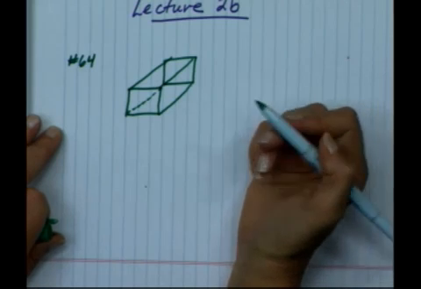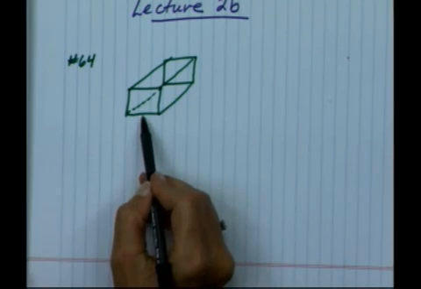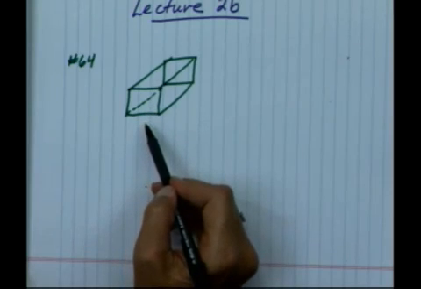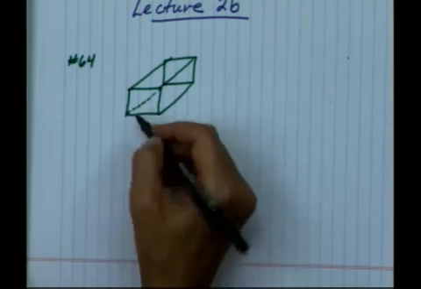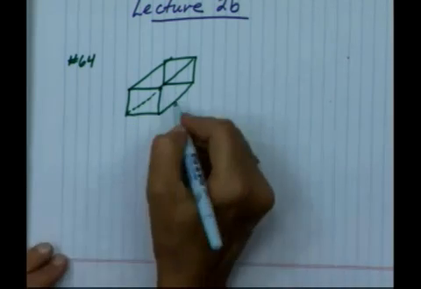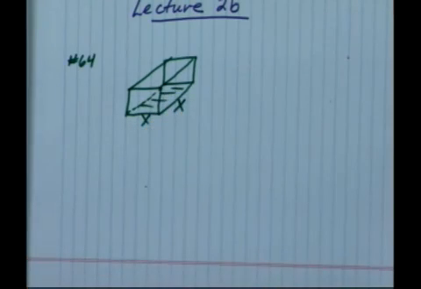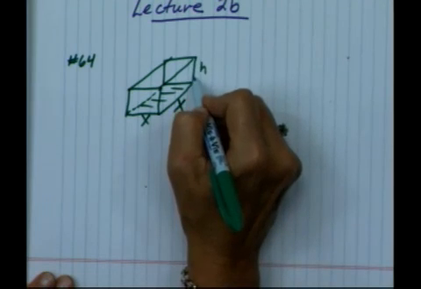All right, so if this is my box and it has a square base, that means the bottom is a square, and it says to use the square base as x's. So we're going to label this to be an x by x. All right, that's a square base in case you can't tell. Now I don't look like I'm convincing you. All right, and I'm just going to call this h for height of my box.